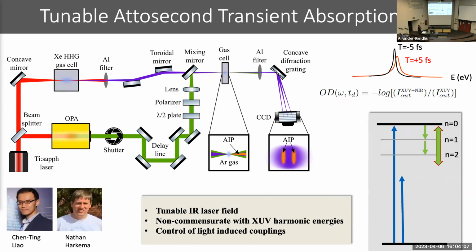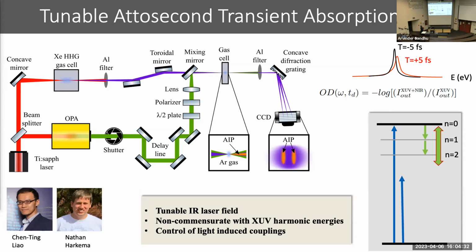What we do is we take our laser pulse and split it into two. One part is used to produce these attosecond pulses or pulse trains. The other part is used to control the atoms that are excited by these attosecond pulses or pulse trains. So we use this as a control tunable field. Then we block this control field, this green field here.